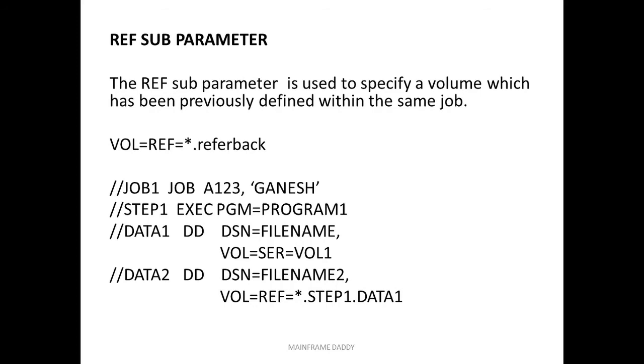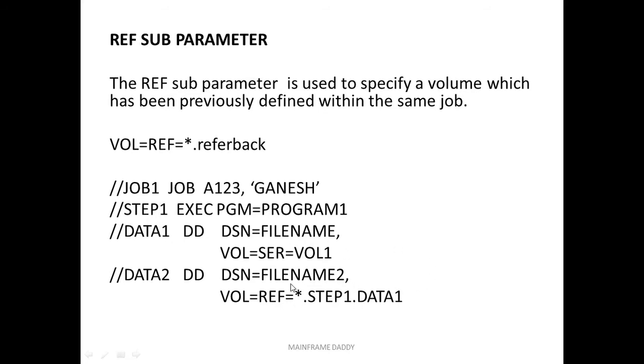So here in DATA1 DD, the DSN file name is using VOLUME=SER=VOLUME1. If we want to make use of the same volume, VOL1, we can do it by VOLUME=REF=*.STEP1.DATA1.